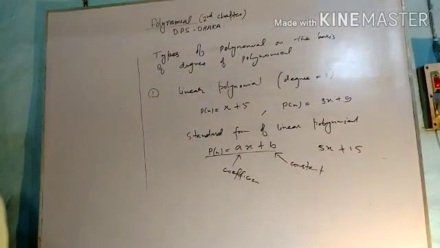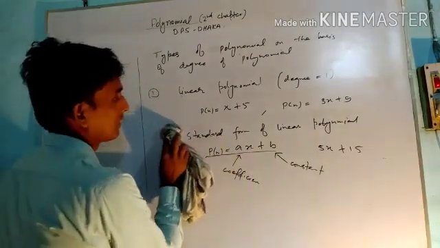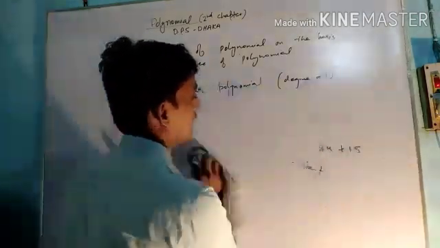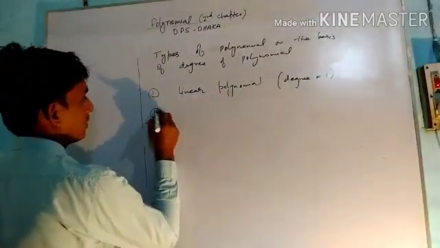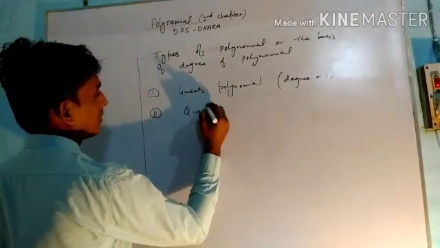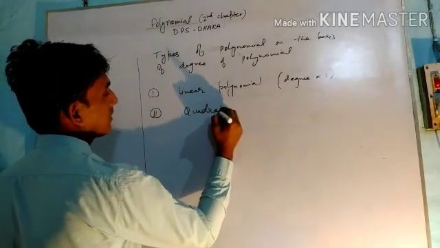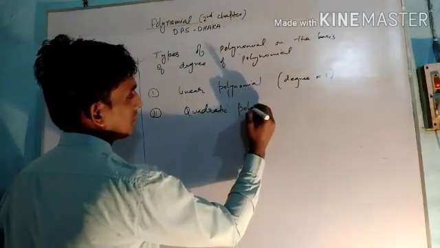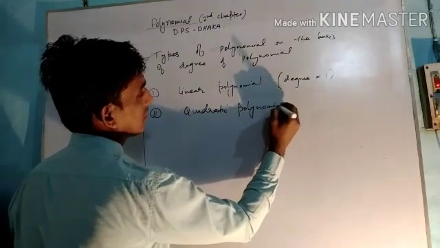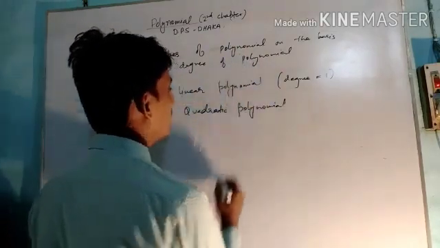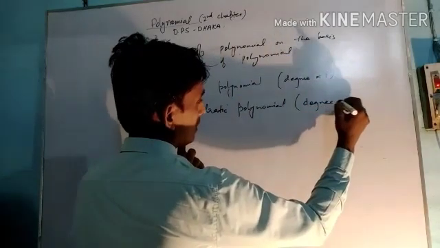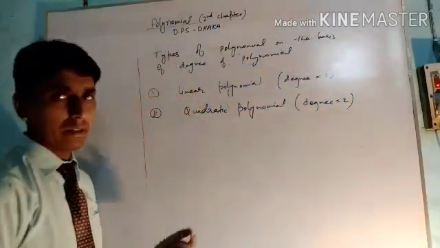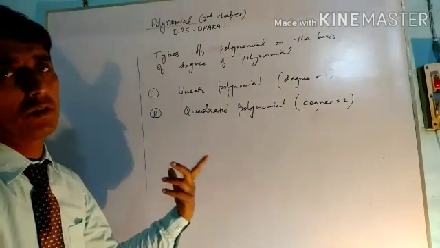Now we will move to the second type of polynomial, that is the quadratic polynomial. Quadratic polynomial means the degree is equal to 2.